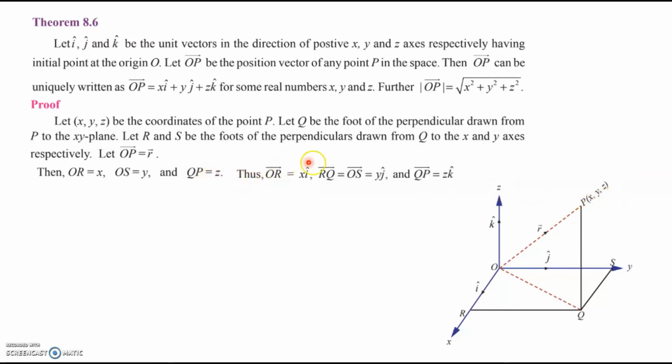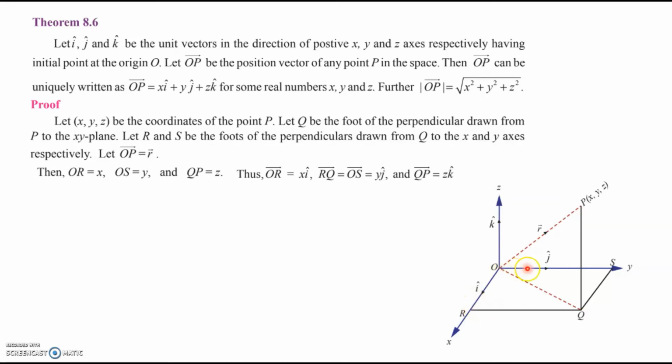Next, further we can relate OR vector in terms of i and x. Since this length is x, which is a scalar quantity, and i cap is a unit vector of 1 unit, this unit vector multiplied by x, the total length, will give you the full vector OR.